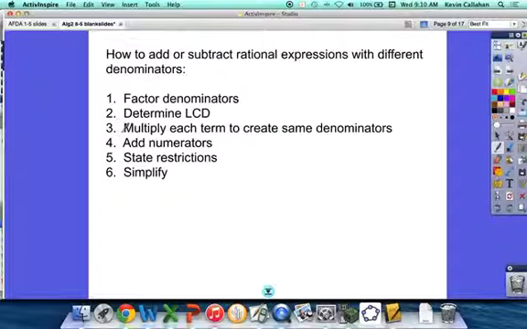We're going to multiply each term so that we have the same denominator in each fraction. Then we'll add the numerators. All that is pretty standard, right? You state the restrictions at that point. Before you start simplifying and canceling factors, state the restrictions like we did in the last lesson, right? And then if there is something to simplify, which is not common, then you simplify.